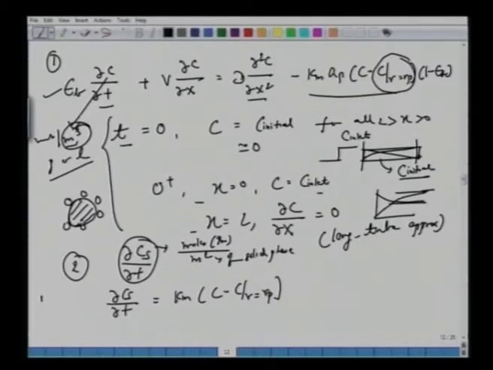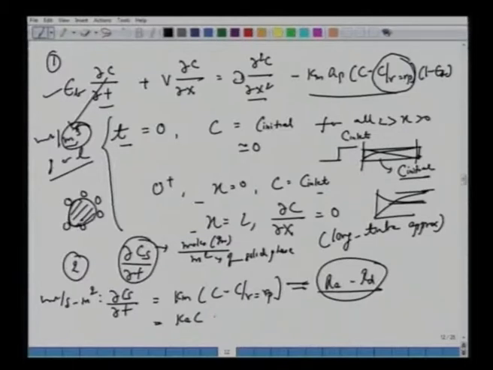So it's moles per second per meter square, and this will also be equal to some rate of adsorption minus rate of desorption. So we were talking about all those isotherms, Langmuir isotherms, Freundlich isotherms, etc. The most common would be first order adsorption and first order desorption. This would be the simplest of these.